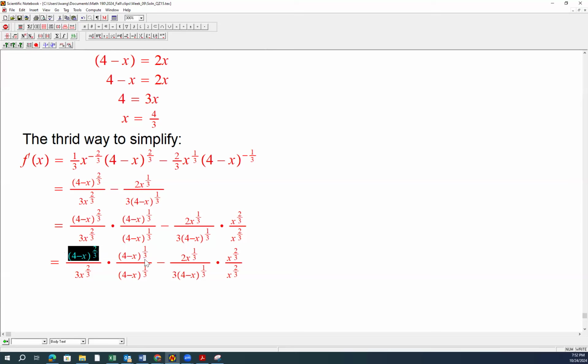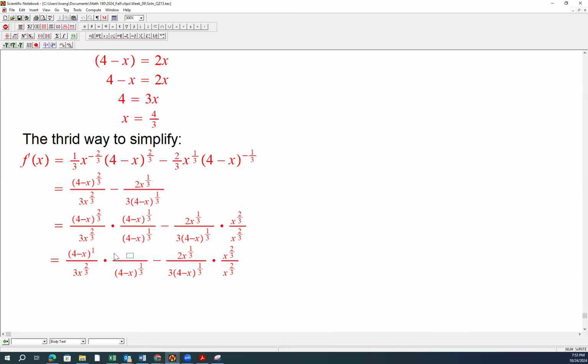When we simplify the numerator, look what we got. 4 minus x to the power 2/3, 4 minus x to the power 1/3. So the top is going to be 4 minus x raised to the power of 2/3 plus 1/3, and that's going to be power 1.